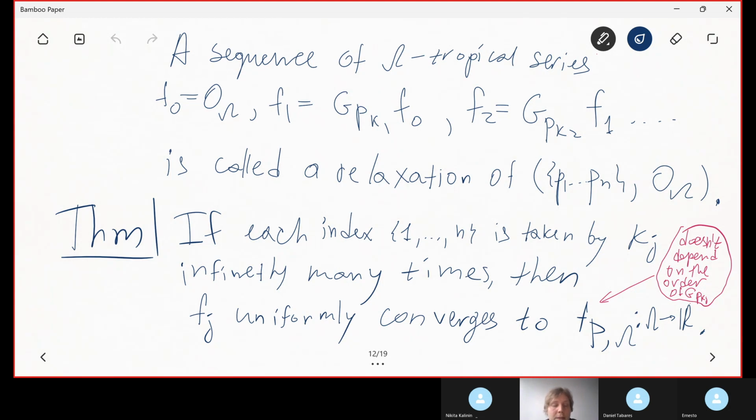So if in this relaxation every point appears infinitely many times.